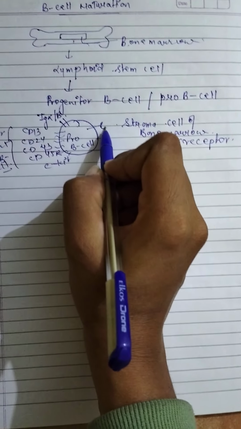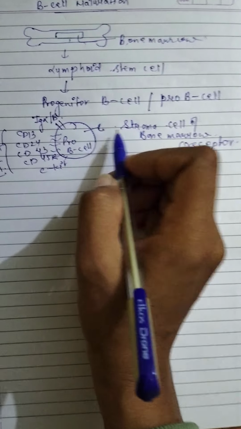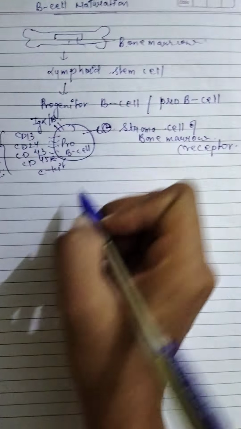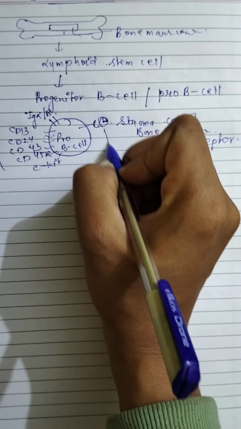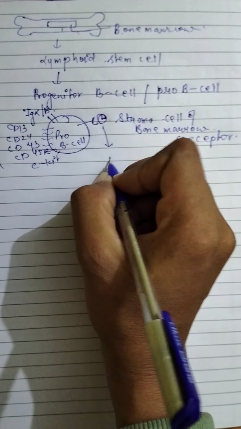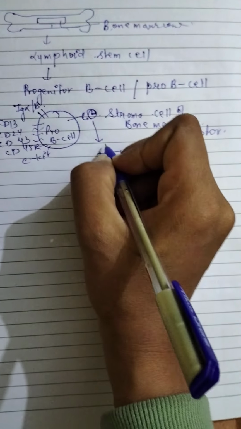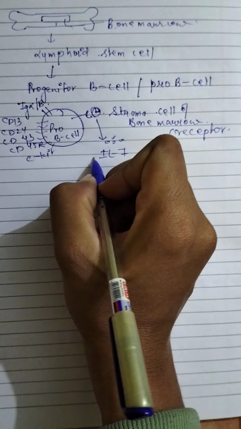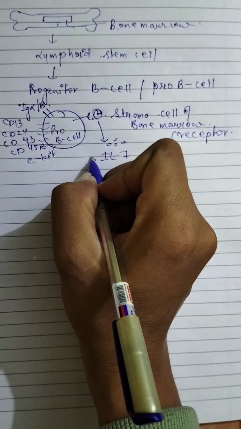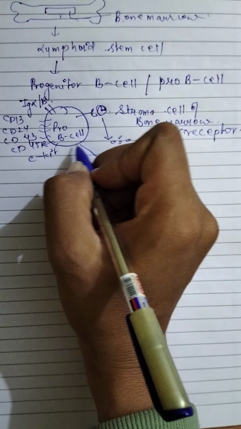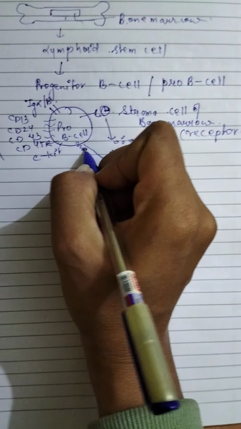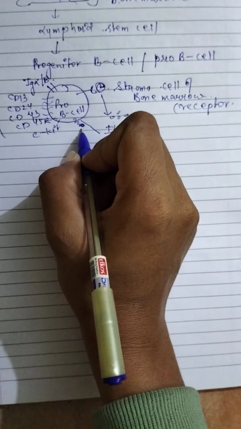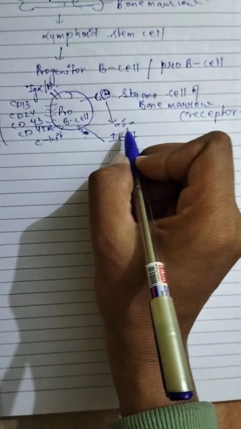The stroma cell of bone marrow binds to this pro-B receptor. When they bind, after binding, it secretes IL-7, interleukin 7, which further binds to the interleukin 7 receptors which are present on pro-B cells.